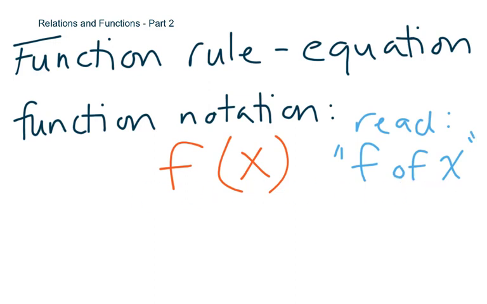You would not say fx, and you definitely are not going to say f times x, because that is not what it is. It is f of x, and it's a shorthand for saying f is a function of x. You can also think of it as f depends on x.